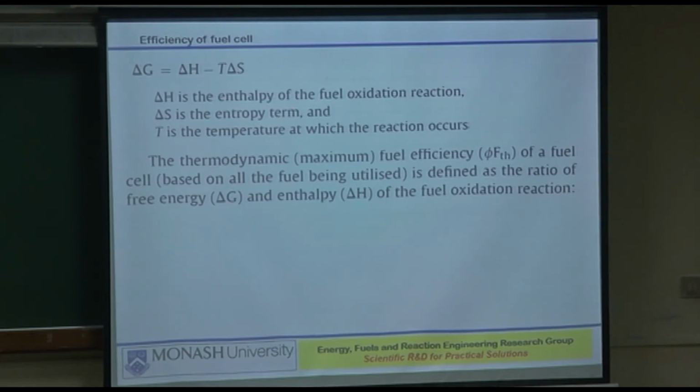So if you are calculating the efficiency of even a coal-fired furnace, you'll have to take into account the temperature variation faced by the different sized particles. We usually don't do it. As a rule of thumb, we just do it at the maximum temperature. That's not necessarily accurate, but that's how it is.